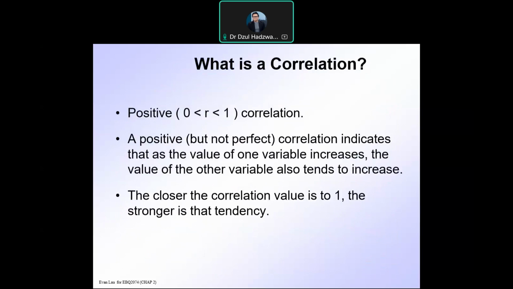Example, if you find out that your correlation value is 0.5, it indicates that the strength of the relationship among these variables is somewhere around 50%. So this is what it means.